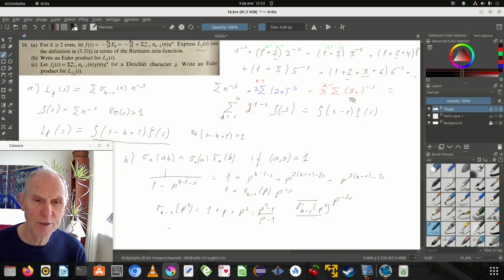I think this is the general formula. Now, what am I writing here? Kth power of the divisor. So it's 1 to k, 1 to k. So it's p to 3k divided by p to kth minus 1.